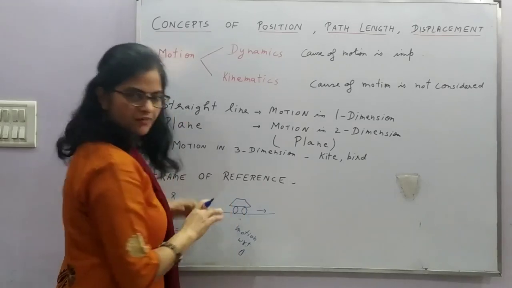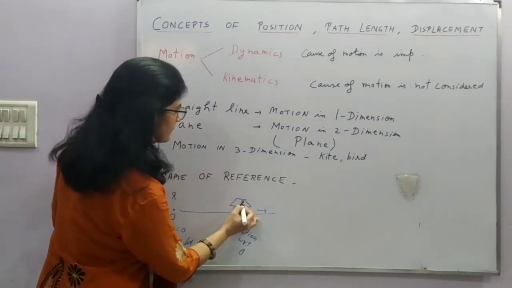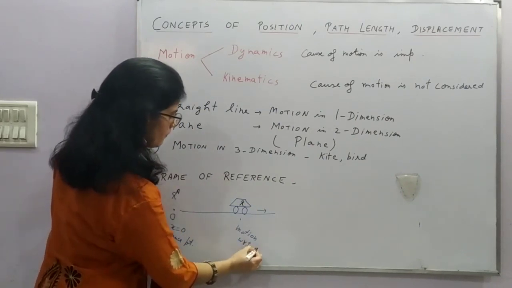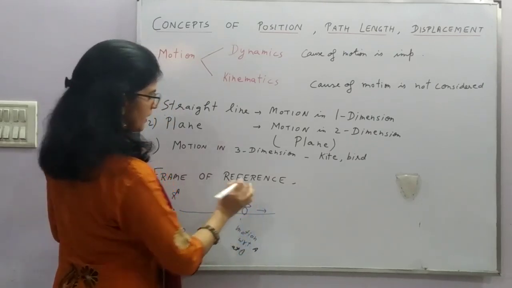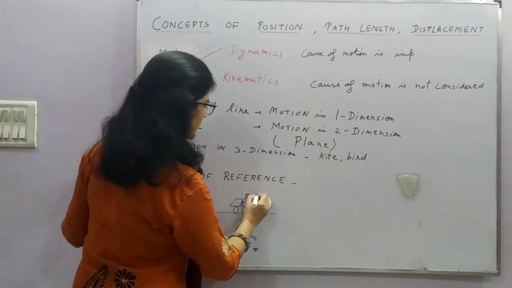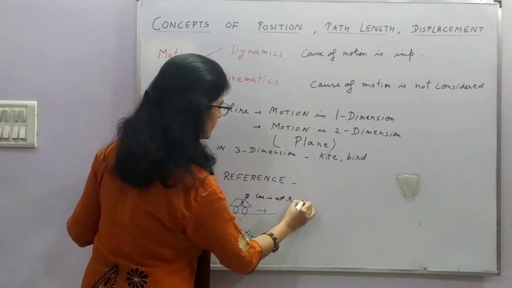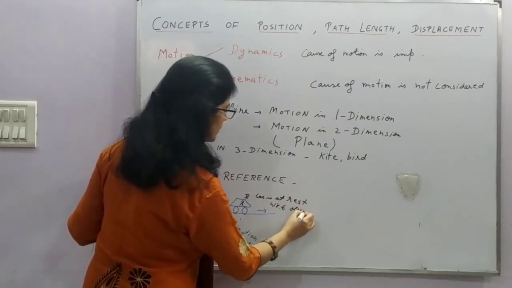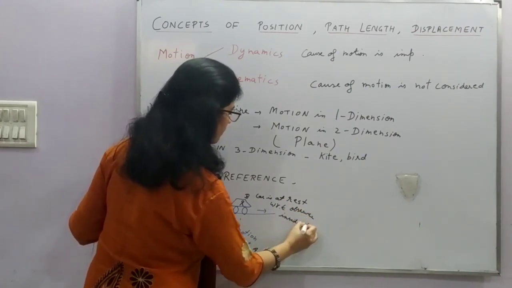But for an observer who is sitting inside the car, if this is observer A and this is observer B, then the observer sitting inside the car is at rest with respect to the car.